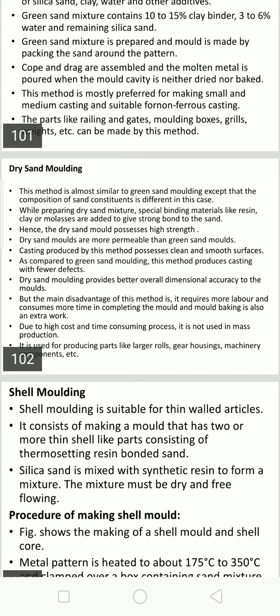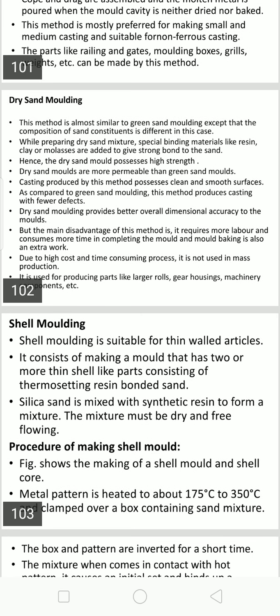Then coming to shell molding. Shell molding is suitable for thin-walled articles. Normally highly delicate thin parts are produced with the help of shell molding. Even parts which are defect free and somewhat complicated to produce by other means can be produced with the help of shell molding.